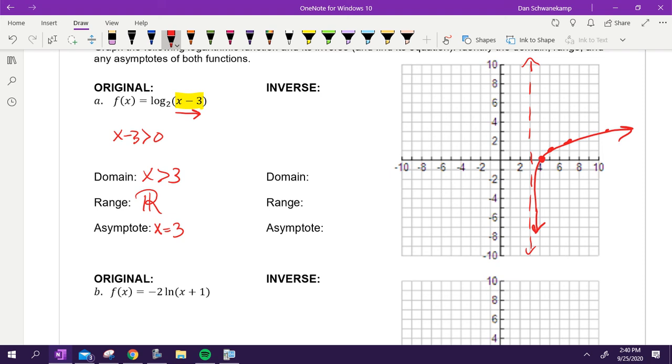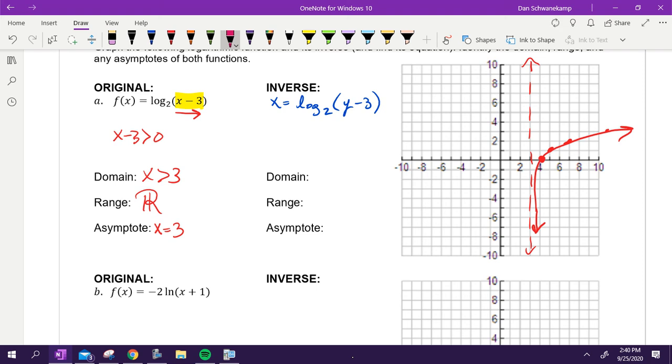So now let's find the inverse. To find the inverse, we're going to actually get the inverse. We could just flip some stuff, but let's write the actual equation. So to find the inverse, step 1, flipping x and y. If I want to try to get y by itself, Sarah, what do I need to get rid of first? I'm trying to get y by itself. What? Log base 2.